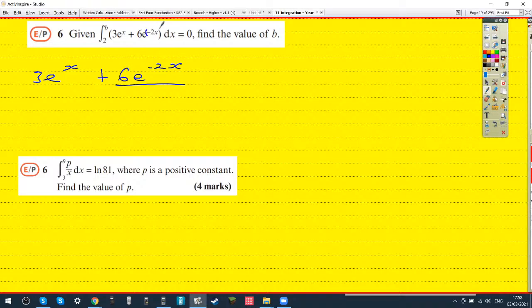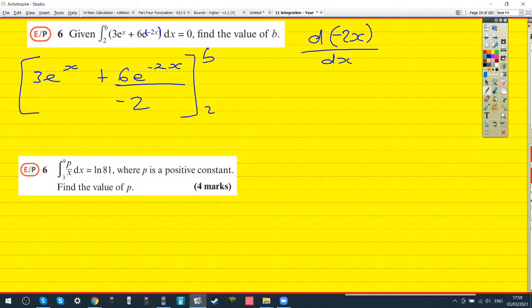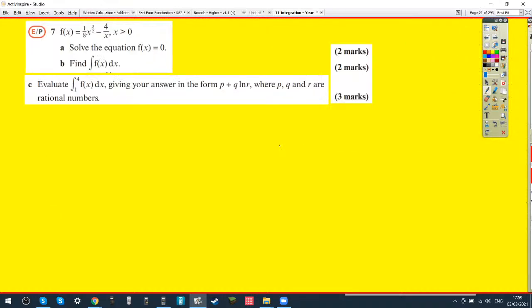That's the function inside the function. Derivative of minus 2x, minus 2. Yep. That's a much easier question than before. That's between b and 2 equal to 0, and you solve it.